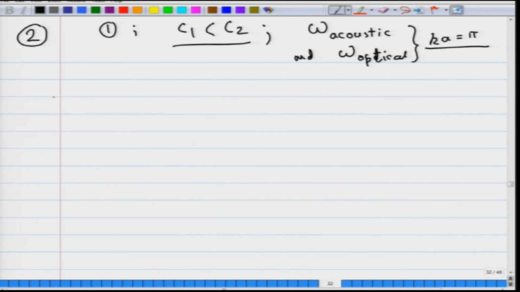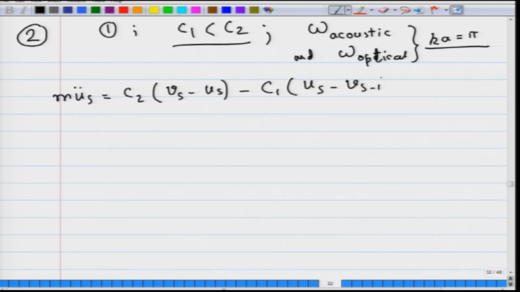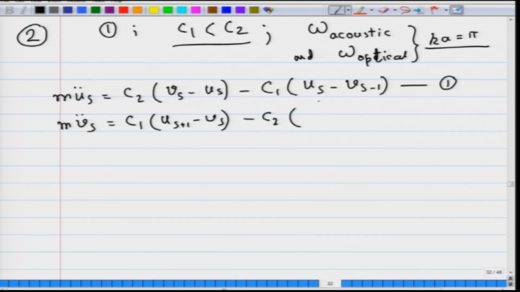Now we have the equations m u_s double dot equals C2 (v_s minus u_s) minus C1 (u_s minus v_{s-1}), this is 1, and m v_s double dot equals C1 (u_{s+1} minus v_s) minus C2 (v_s minus u_s), this is 2.